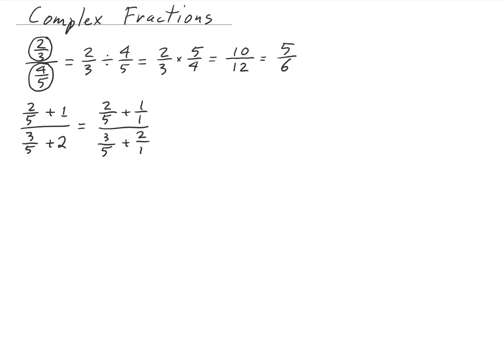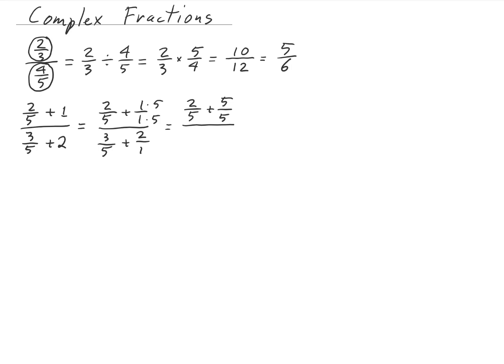Okay. Now to combine the two fractions on the top, I have to get a common denominator for 2/5 and 1 over 1. And it turns out the common denominator is 5. Because I can multiply the top and the bottom of the second fraction by 5. And when I do that, the second fraction becomes 5 over 5.